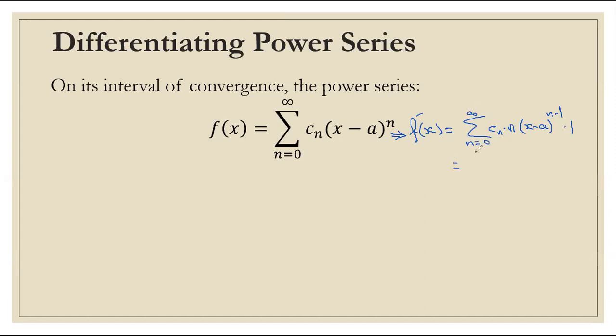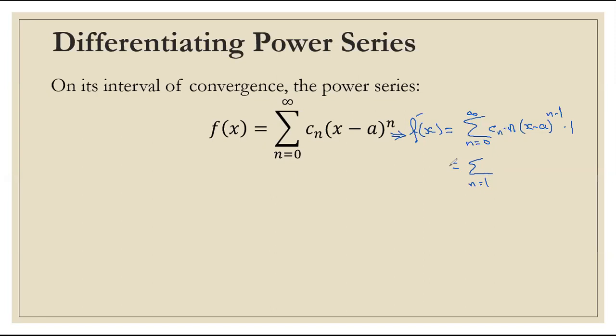Now I can simplify this differentiation. Notice your n starts from 0. If you plug in here n to be 0, the first term of my series here is 0. So no need to write it because it's 0. So I'm going to start my n from 1, not from 0. Because if you start from 0, you will write your first term to be 0.